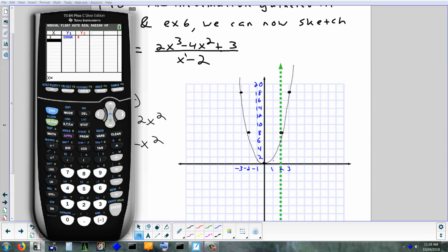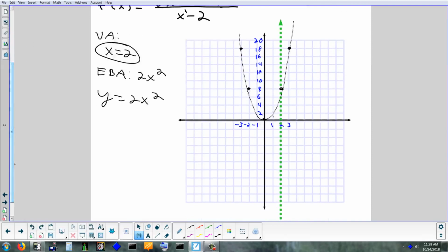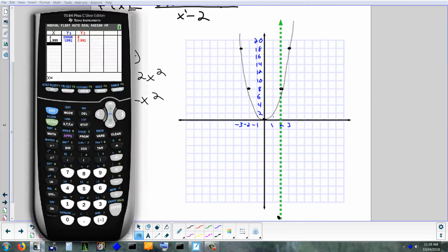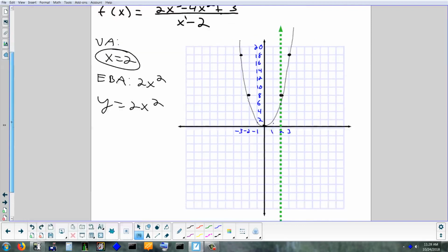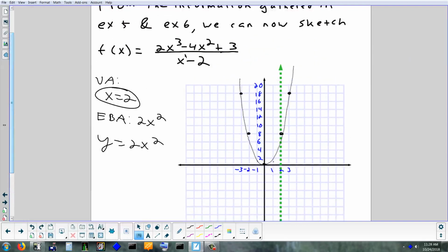That's my vertical asymptote. Let's try something very close to 2. Let's try 1.999. I'm at almost negative 3,000. So just before 2, way down there. Let's go just after 2. Positive 3,000. So just after 2, I'm way up there.